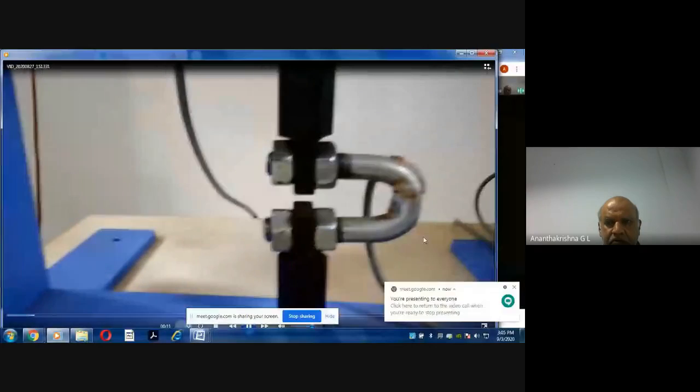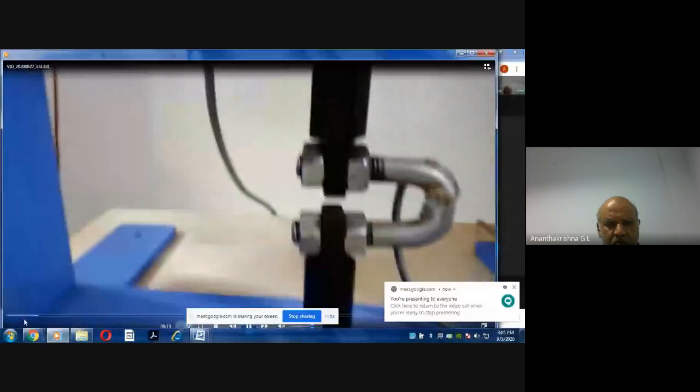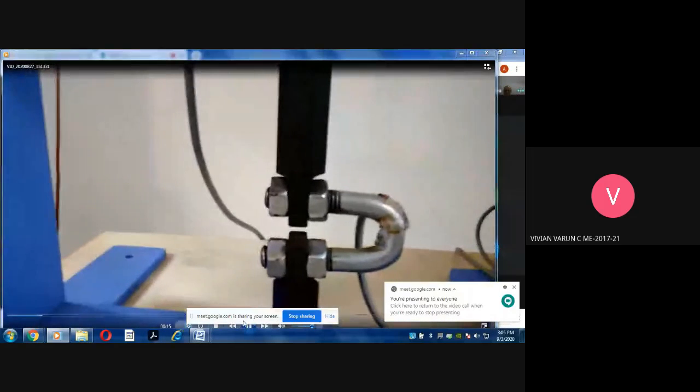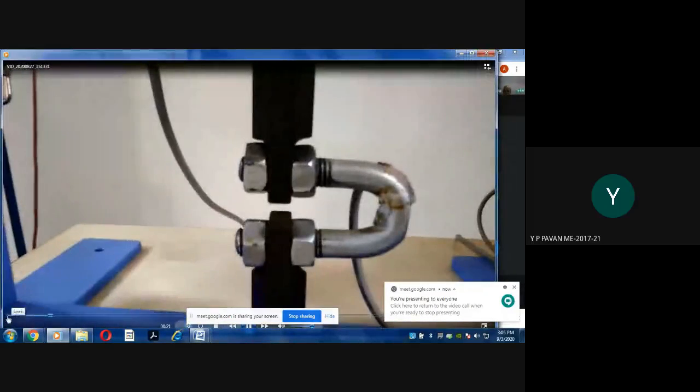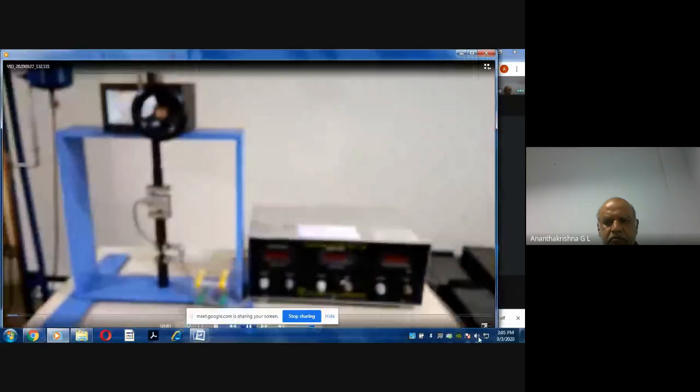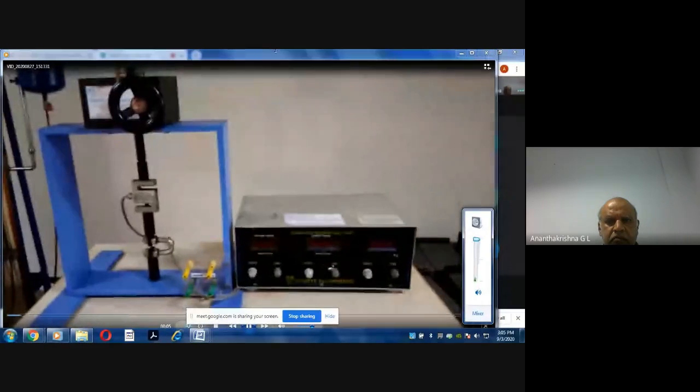So there you have got the curved beam. Are you able to see the video? Inner and outer fiber stresses are to be found out. Yes, sir. The strain gauges are fitted at inner and outer fiber.